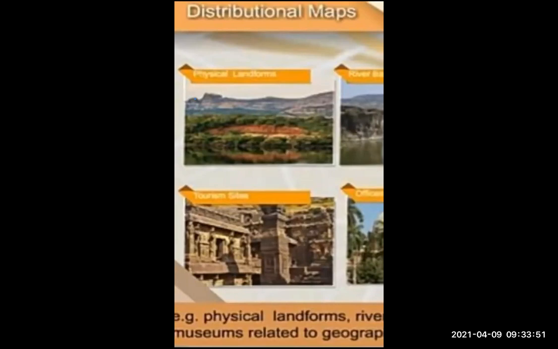So students, what is meant by physical landforms? Can you give me any examples? Yeah, exactly. Nature. No, nature is not. Yes, river. Yes, Shivam. Good. Dam. Yes, Siddesh. Okay.